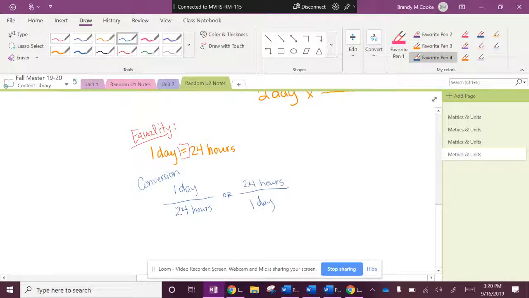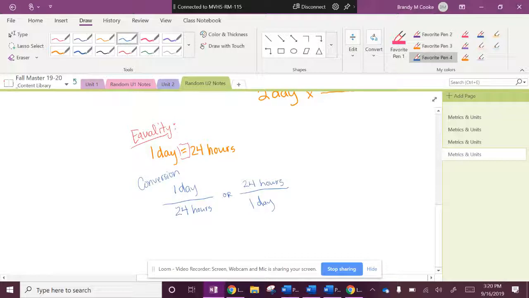Writing it like this just makes the math easier. It doesn't mean anything different and doesn't change the numbers in any way, shape, or form. It just makes the math doable. And it's important to remember that we can write these either way: one day for every 24 hours, or 24 hours for every one day. When we say it out loud, it makes sense.